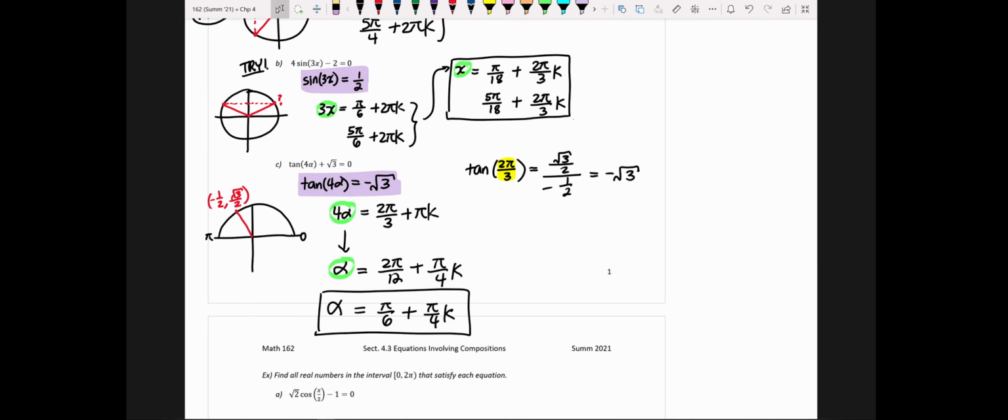Okay, before we move to the second page, let me know if there are any questions with solving these trig equations when your input is not x. You really still follow the same 3 steps to solve for input, and then the added step 4 is isolate x.